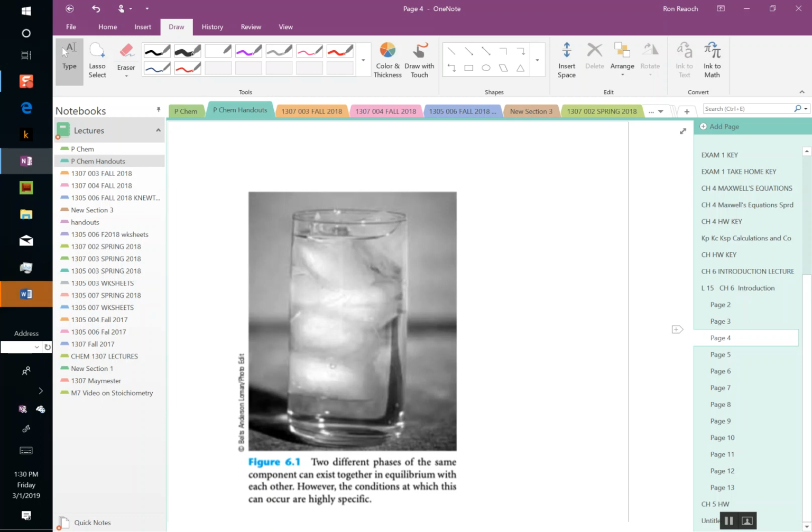But it's only at that temperature that those 2 phases will coexist with each other. You go up 1 degree and it's all water. You go down 1 degree and it's all ice. So there's a very narrow little point at which you have water and ice in equilibrium with one another. It's a very distinct temperature.